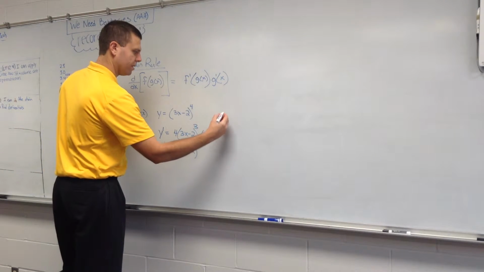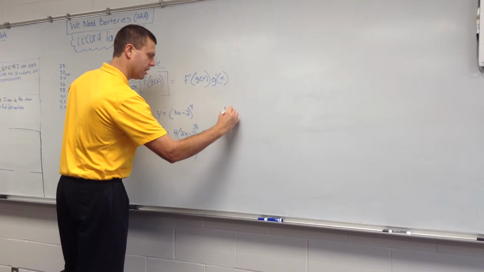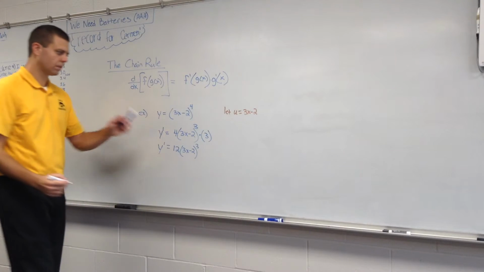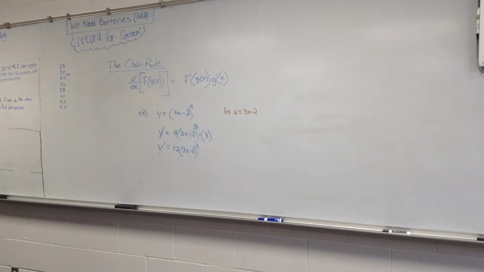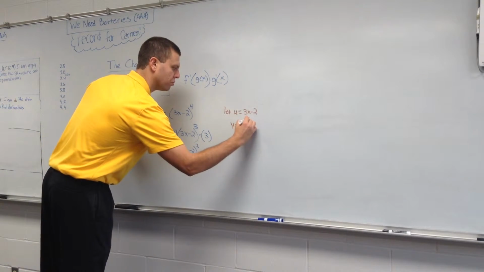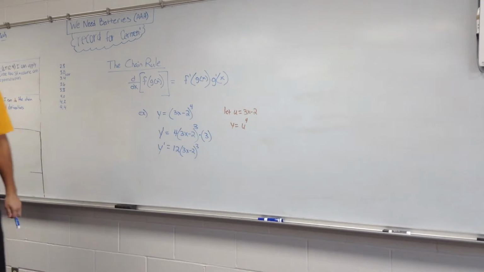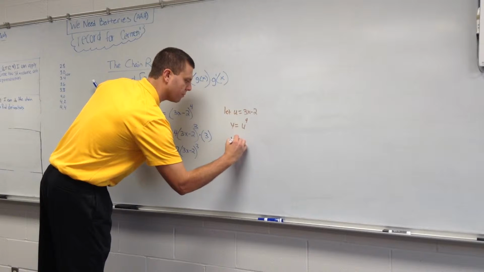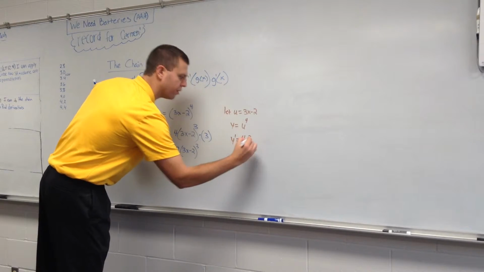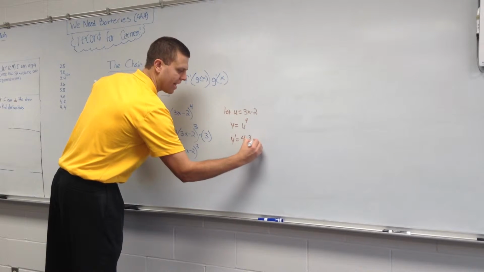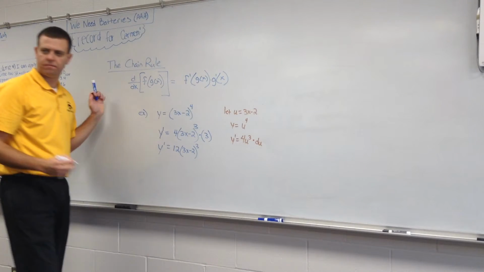Another way some people think of this chain rule is to say, let u equal 3x minus 2. Let u equal what's inside the parentheses. Then you really have y equals u to the 4th. So then y prime would equal 4u to the 3rd, but because we're using the chain rule here, take that answer times the derivative of u.